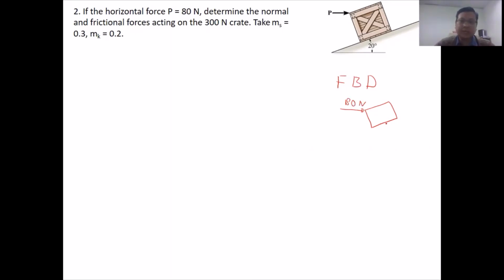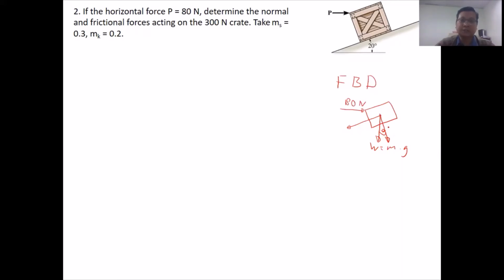At the same time, we have the mass here, and also we have angle theta. Here we have the W in cosine and sine. This one is in cosine.